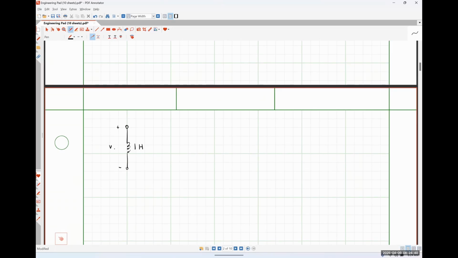This is the voltage drop across my inductor. This is the current flowing through my inductor. And I'm going to make a plot of the current flowing through my inductor. So this will be IL as a function of time.